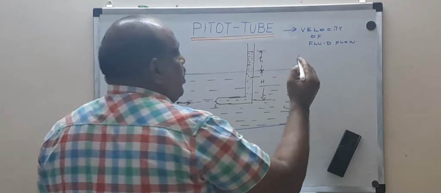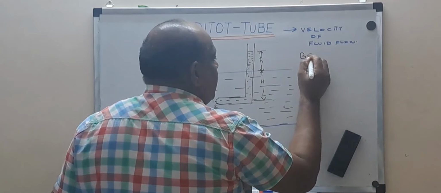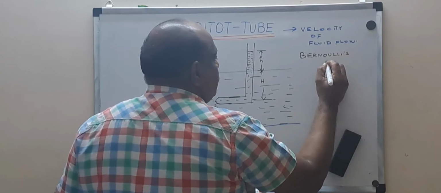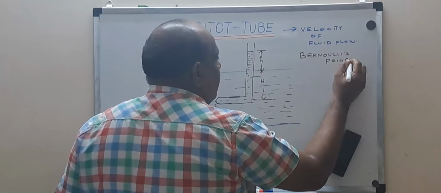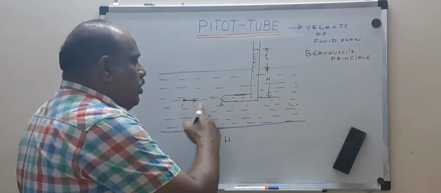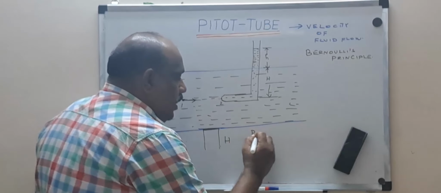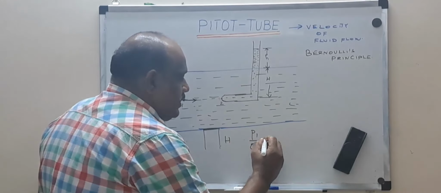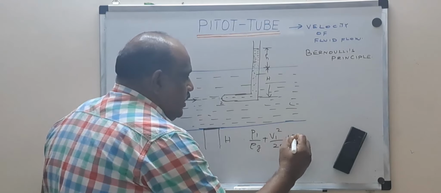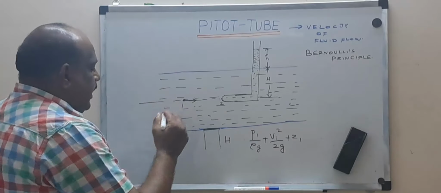Let us continue with Bernoulli's principle between the points 1 and 2. So all of us know that P1 by rho g plus V1 squared by 2g plus Z1, where Z1 is measured from a datum.